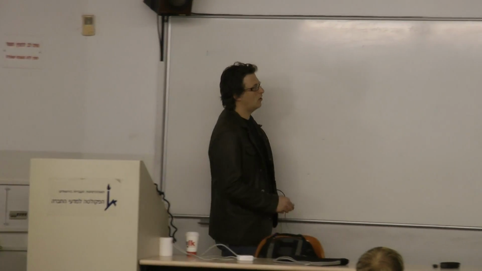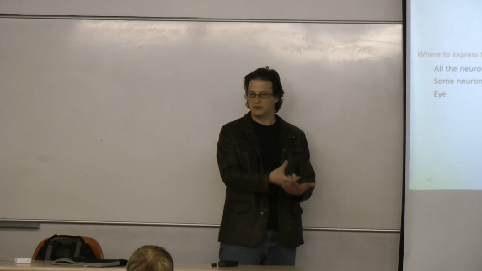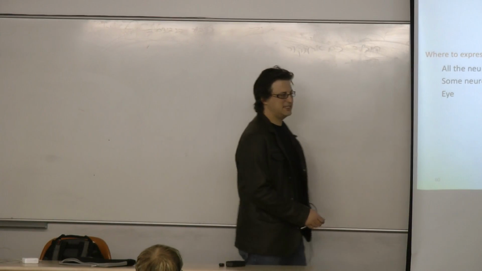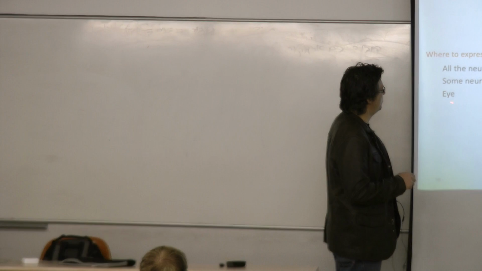You could express it only in some neurons, and then open the brain and look if the neurons are there, to see if the neurons have died or have morphological problems, etc. But it's a lot of work. But you can also just express it in a simpler way.